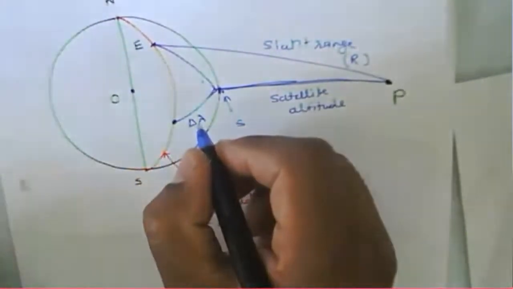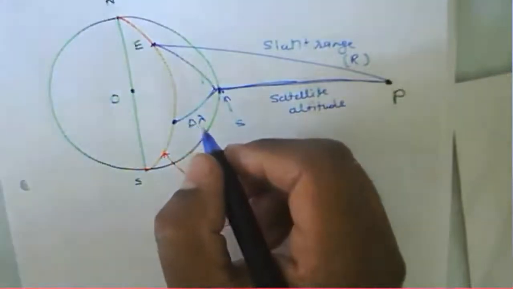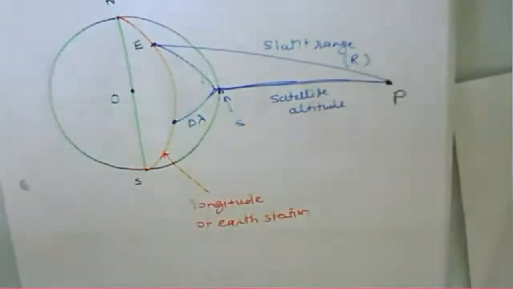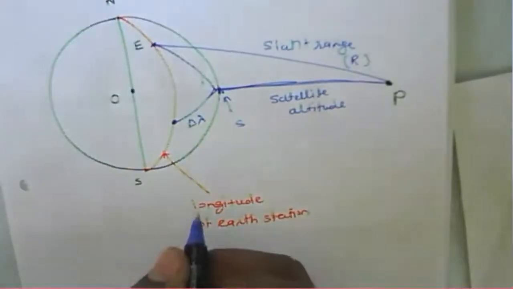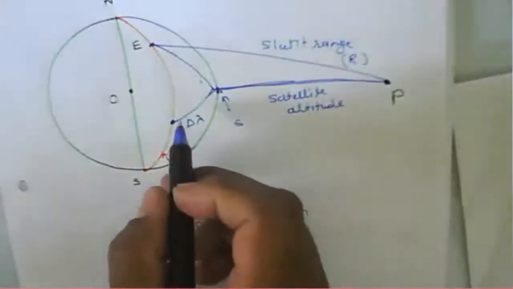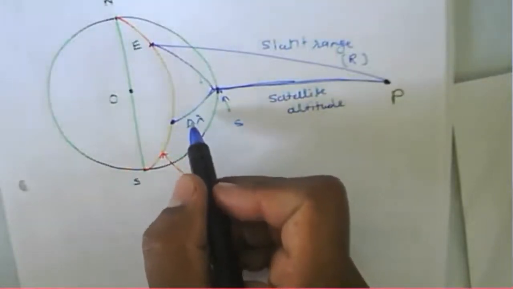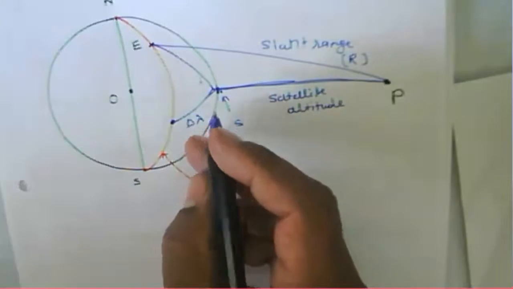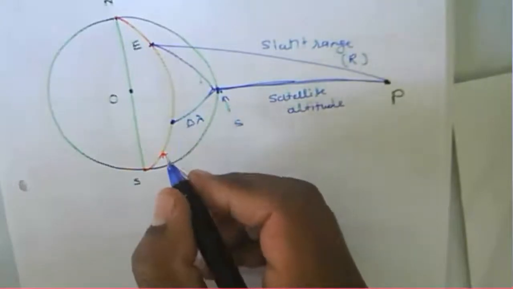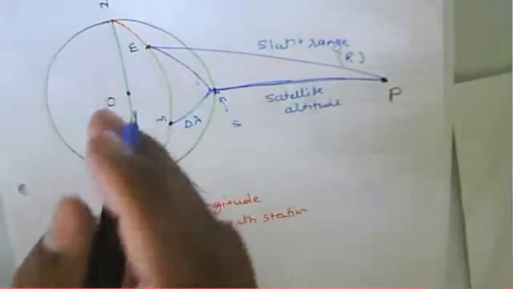That is a difference. Okay, the delta lambda is nothing but the difference between the longitude of the Earth station and the sub-satellite point. And this point M here, we say that point is available on this equator now.